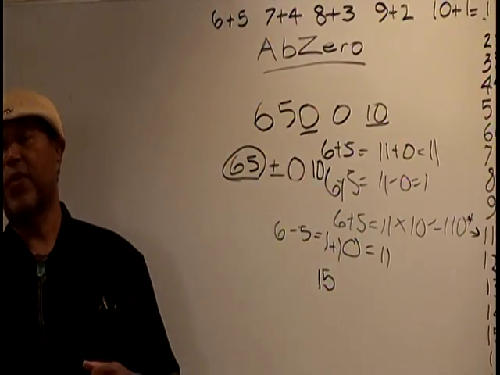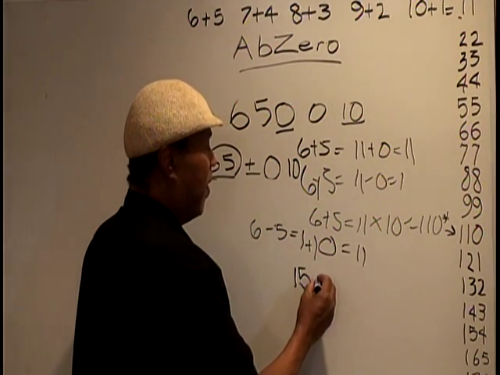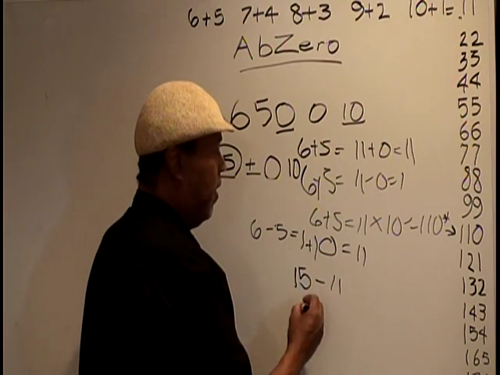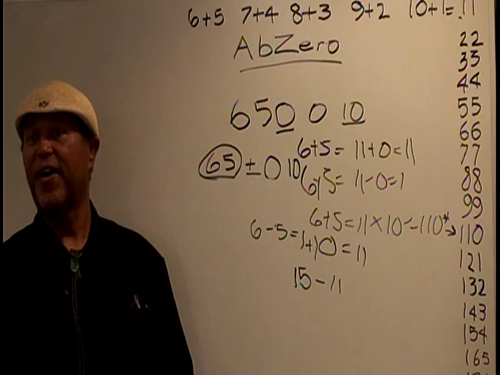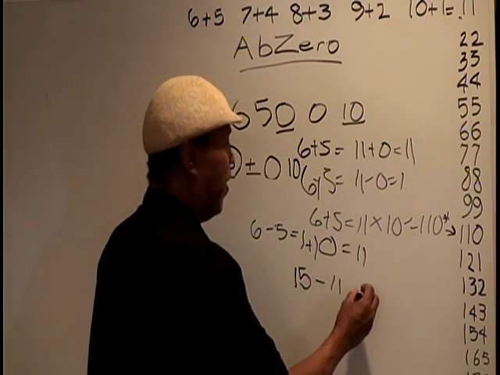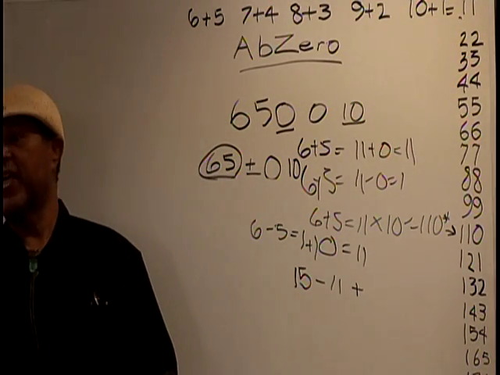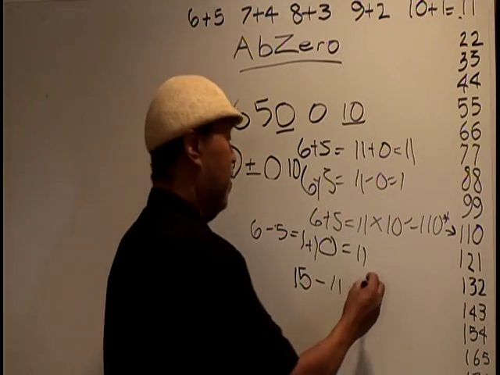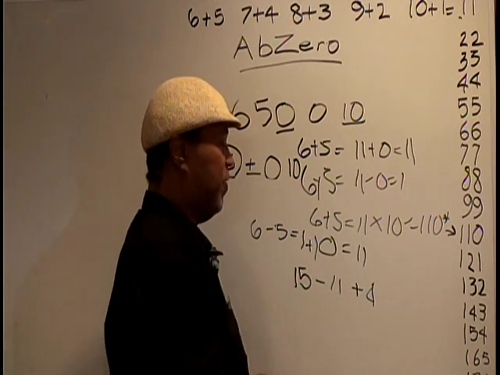The solution, if it came out to be 15, we've got to look at where that falls compared to 11. Is 15 above or below 11? Above, okay, so it'll be a plus. How many numbers is 15 above 11? 4. Good. So we have plus 4. 4 and 11 is 15.